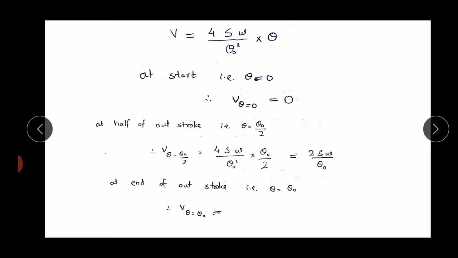As we know, velocity is a vector term, so if during rise we are taking velocity as positive, during return we must take it as negative, because velocity is a vector quantity. It indicates magnitude as well as direction. So from this formula we will get only the magnitude. To show the direction we have to put the sign as positive or negative.